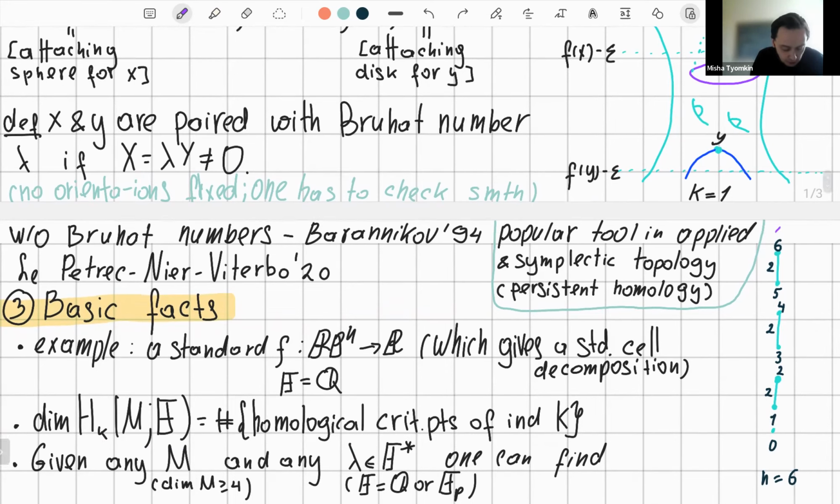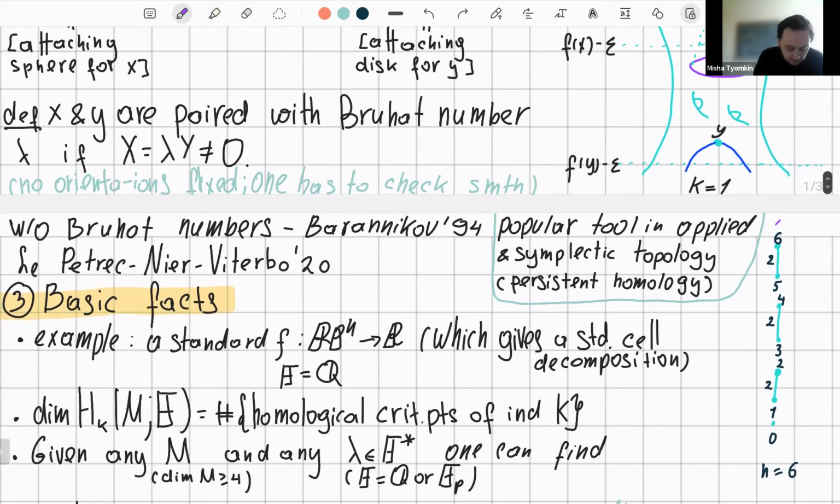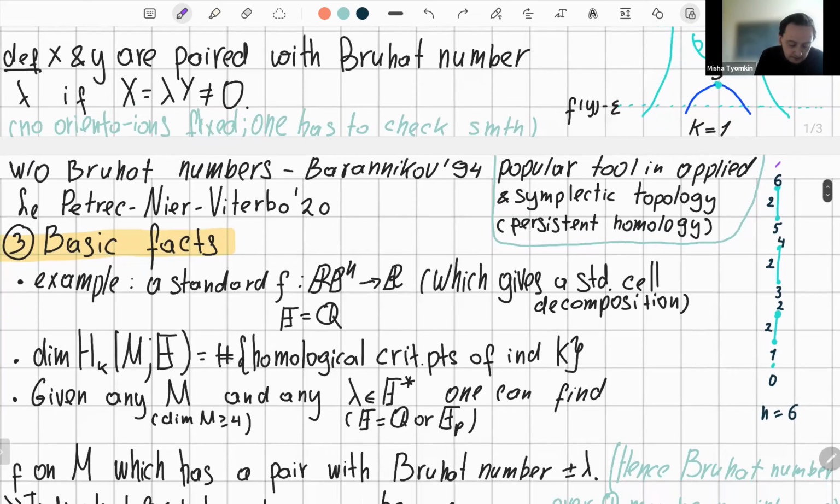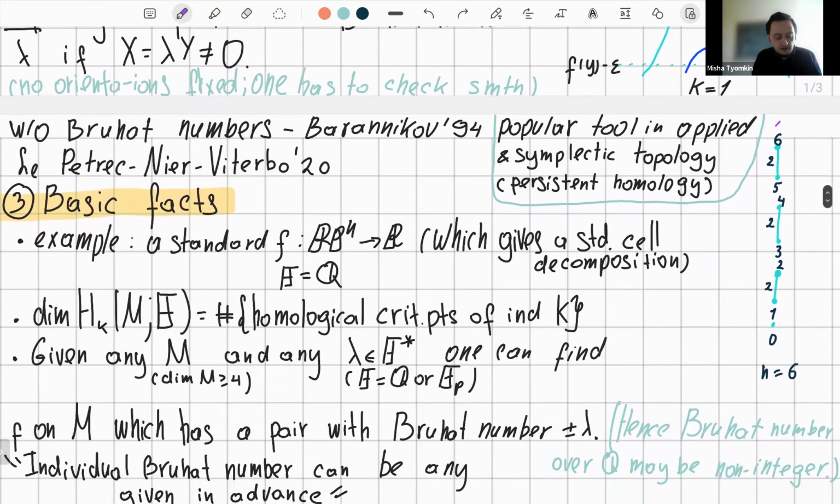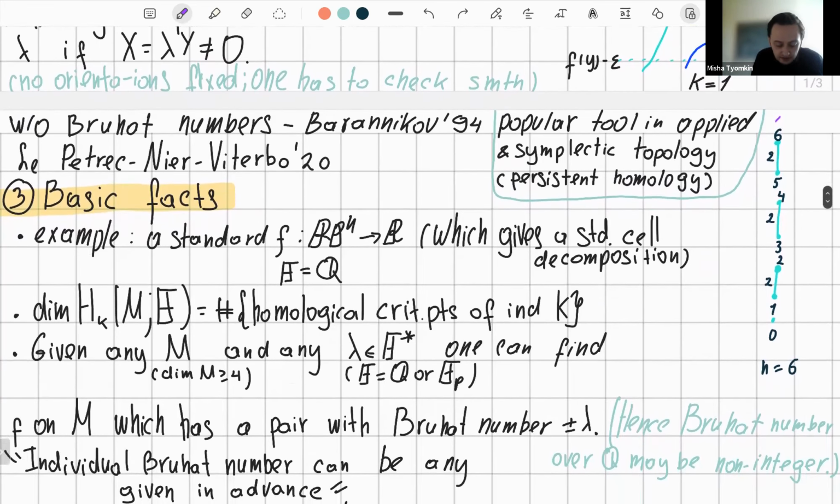The next fact is that given any manifold M of dimension big enough and any lambda in any field, which is Q or F_p, one can find a Morse function f on M which has a pair with Bruhat number plus or minus lambda. Informally, this means that the individual Bruhat number can be any given in advance.